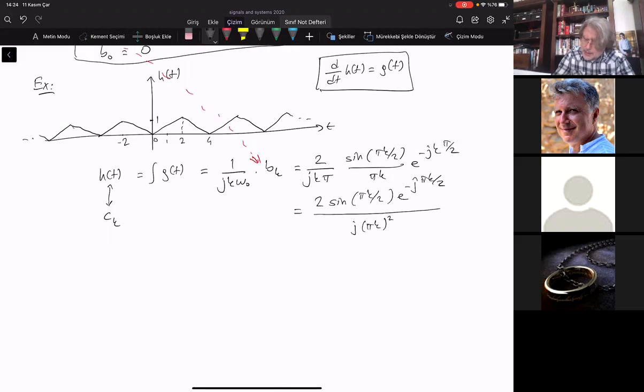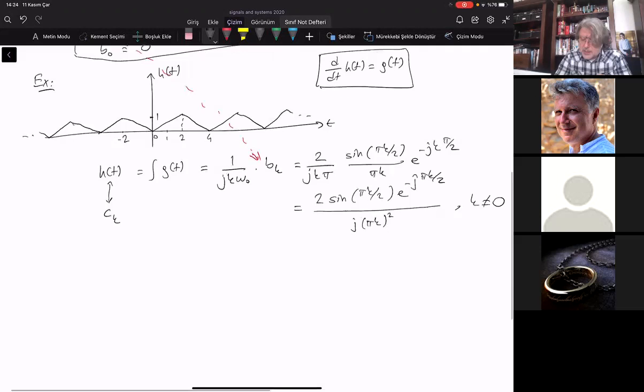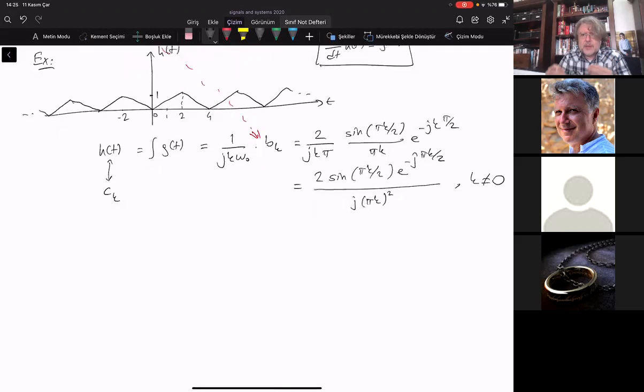You may think of it like that, for k different than 0. This is now a little bit more handsome and compact. And that's it. You can give this as an answer. But of course, without the DC coefficient, it would be missing some part of the complete result. So let me also give you what C0 is.